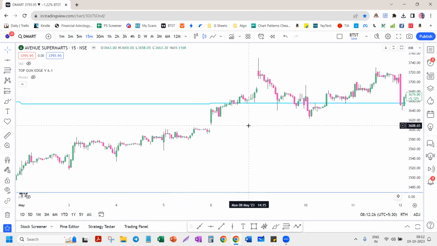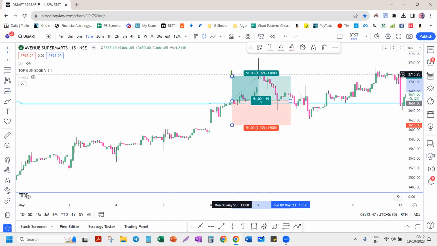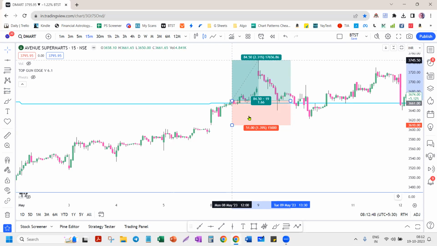Now see over here. On 8th May, in 15 minutes, the moment it enters, you could have entered here. This is 3660. Let's say we'll round it off to 3660. Okay. And even if you take a 1:2 target, it went really high.